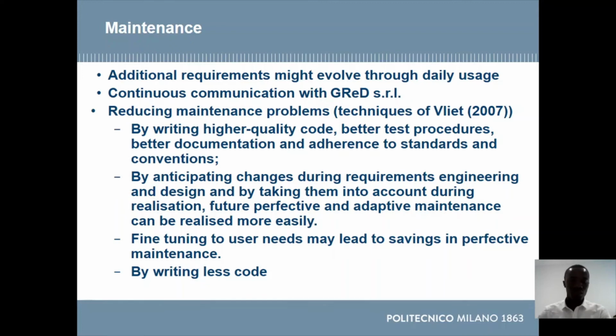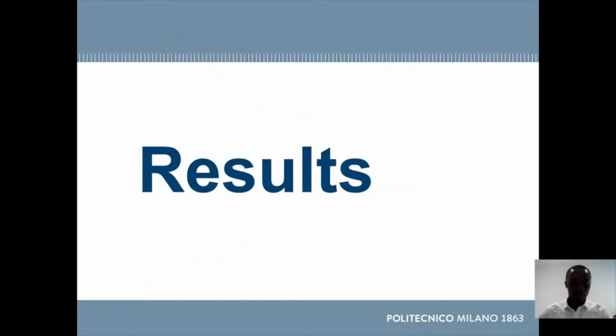However, to reduce future maintenance problems, the techniques of VLET were followed. So for instance, by writing higher quality code at least, and then also anticipating changes during requirement identification, as well as writing less code in order to make future readability of the program easier.